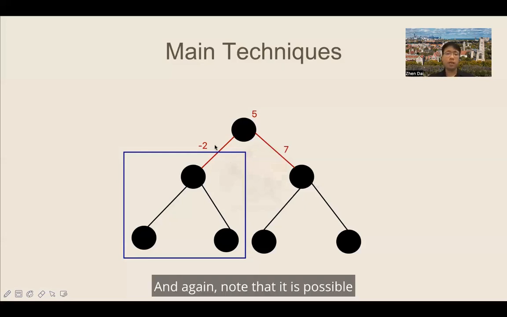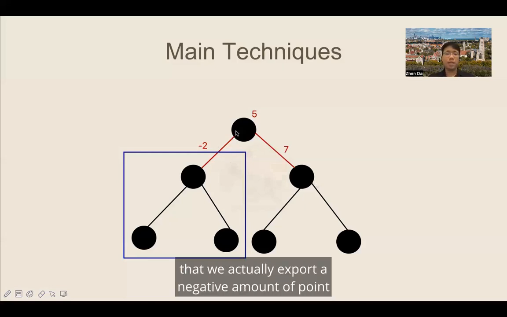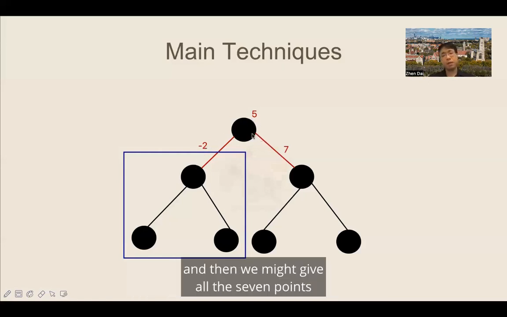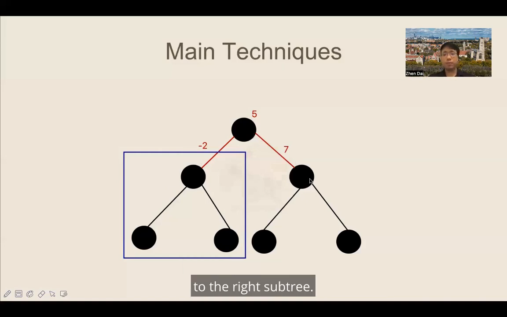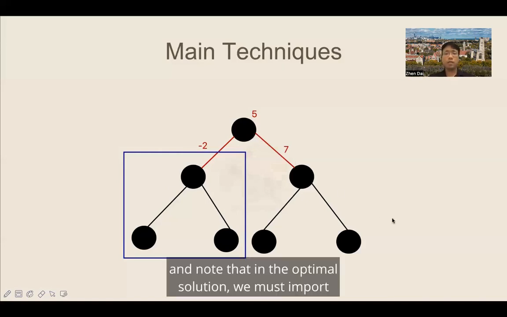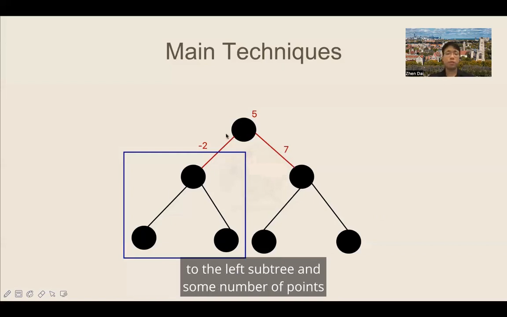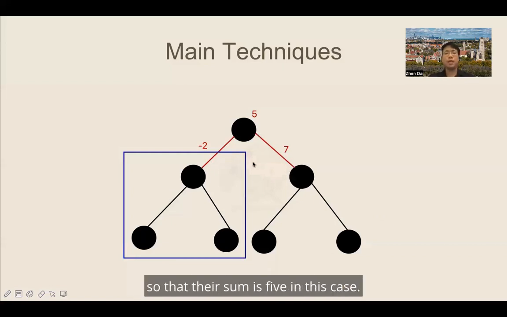Note that it is possible that we actually export a negative amount of points to the left subtree, which means that we import 2 points from the left subtree, and then we give all 7 points to the right subtree. In the optimal solution, we must import or export some number of points to the left subtree and some number of points to the right subtree so that their sum is 5 in this case.